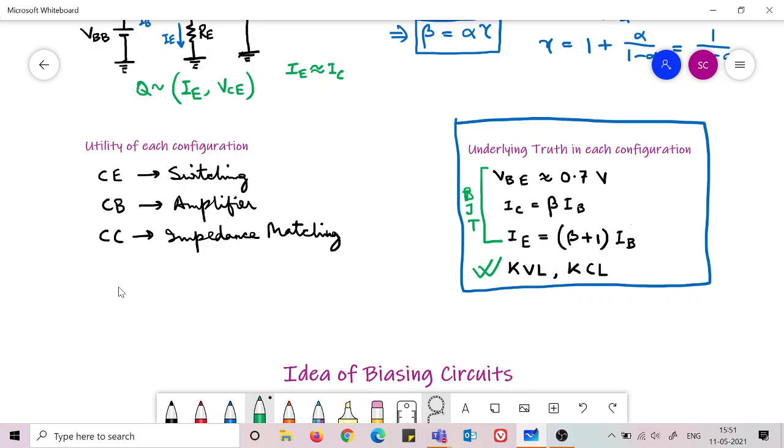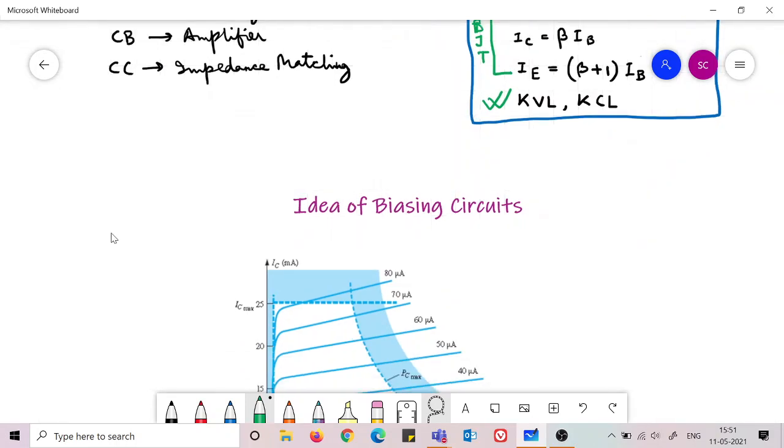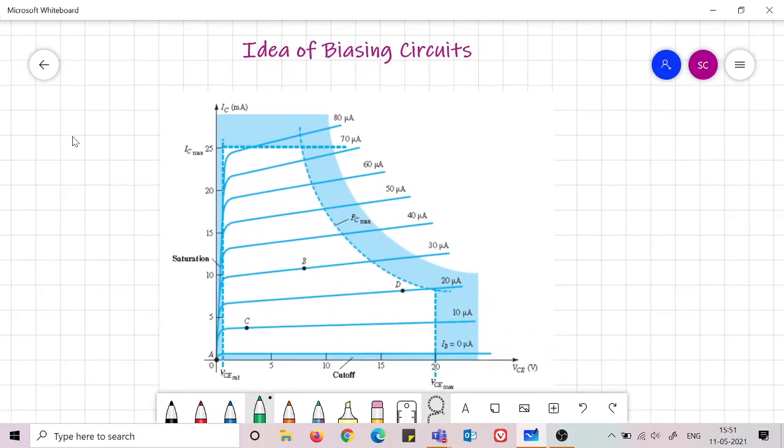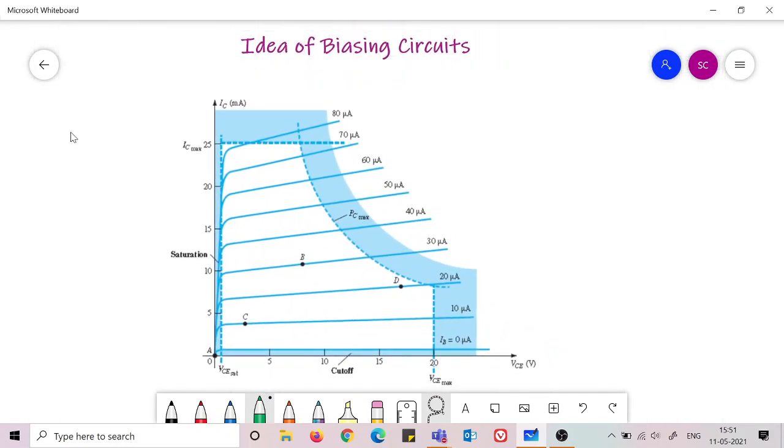So we come to the idea of biasing. What do we mean by biasing? By biasing we mean to set a particular operating Q point of the transistor. This is biasing of the transistor.